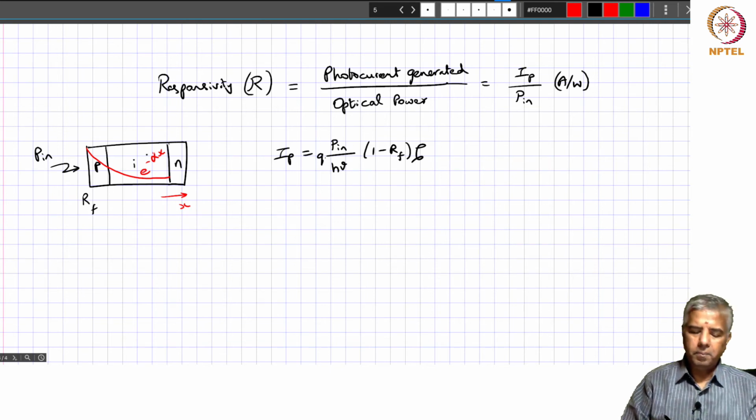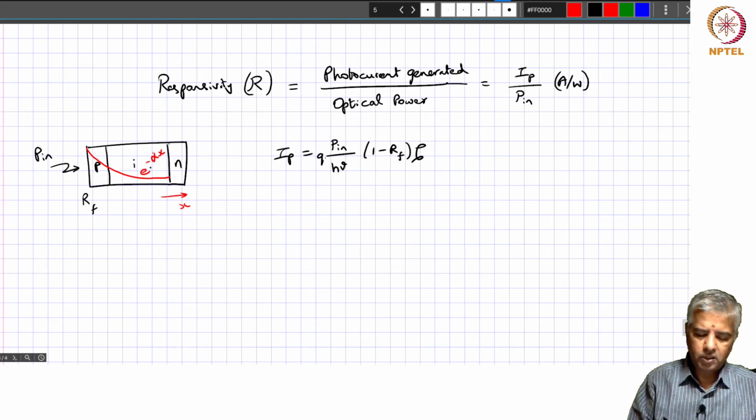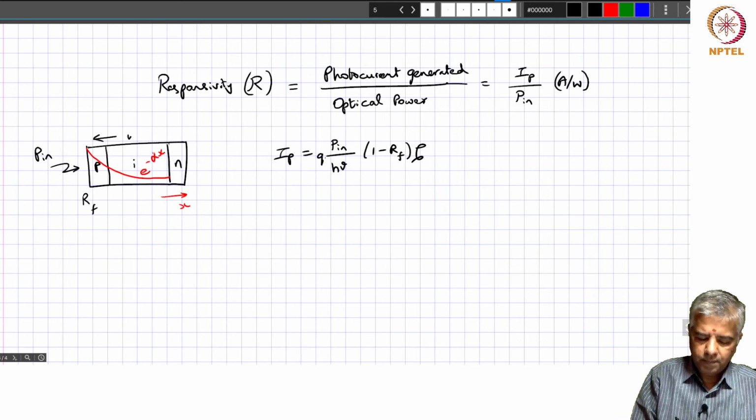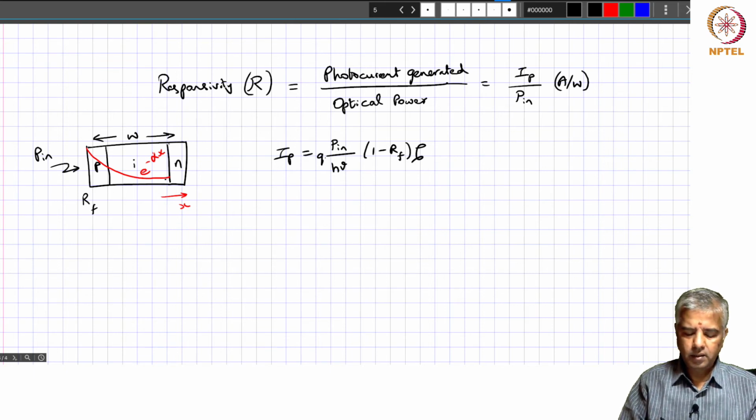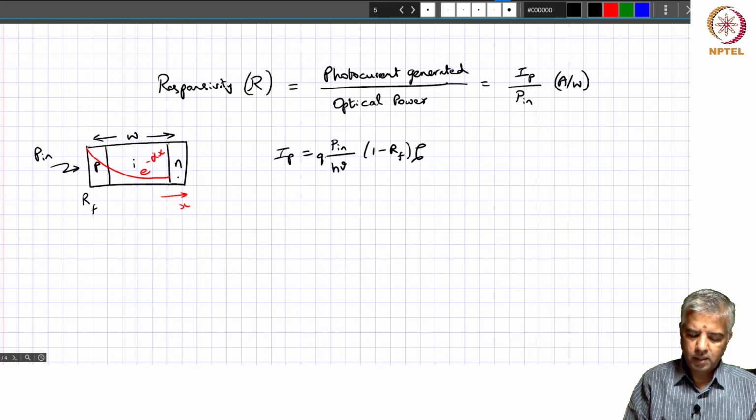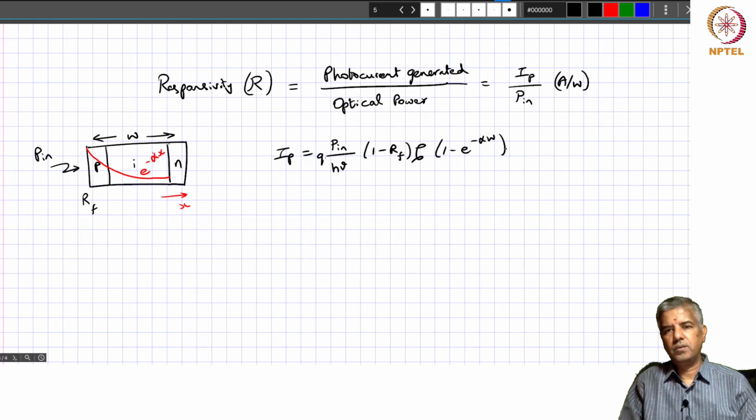Okay, but within this entire structure, whose width corresponds to W, the value of this at this point corresponds to e power minus alpha W. So the amount of light that gets absorbed corresponds to 1 minus e power minus alpha times W. Okay.